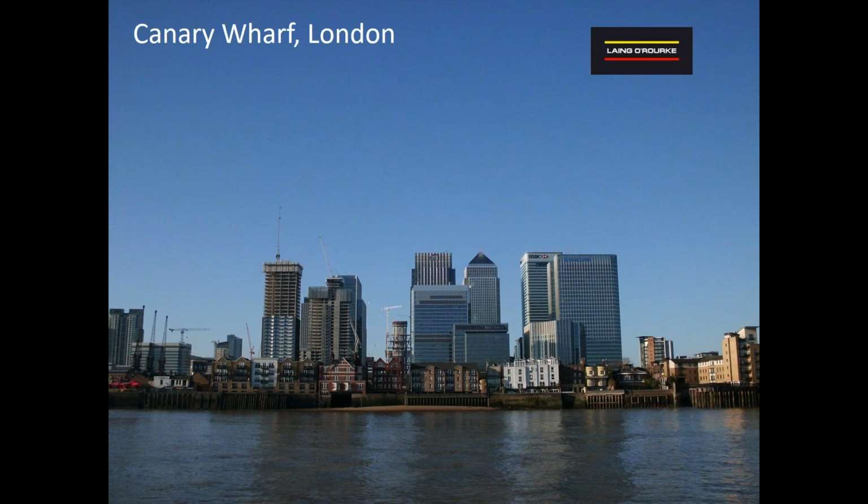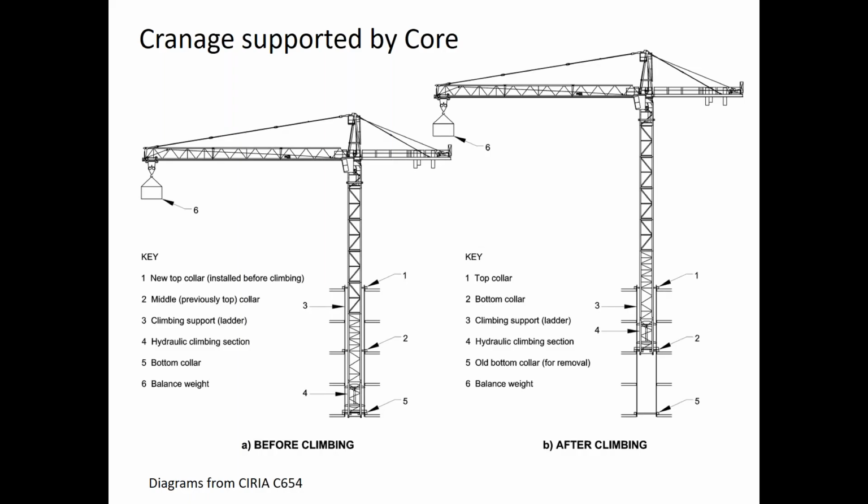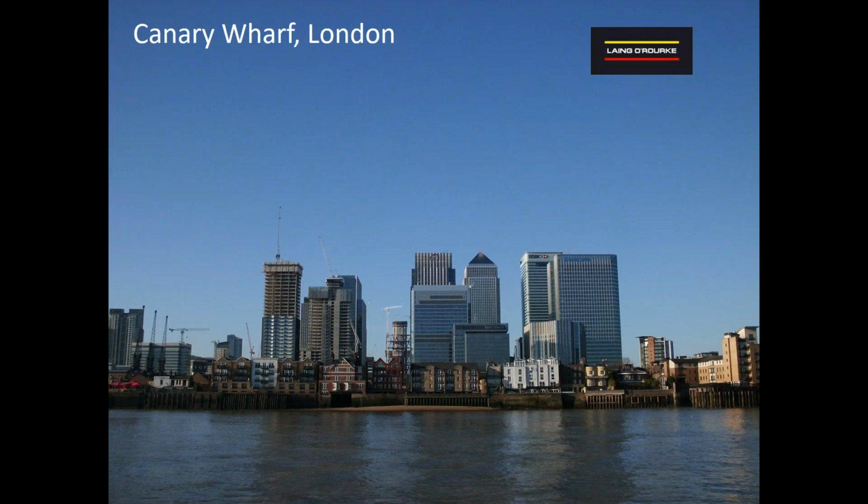It's not particularly deep as a structure in the direction this photo is taken, east-west. So there's potential for additional wind loading due to the proximity and arrangement of neighbouring buildings. There's also a tube line running directly below the basement, so further challenges in terms of temporary works design.